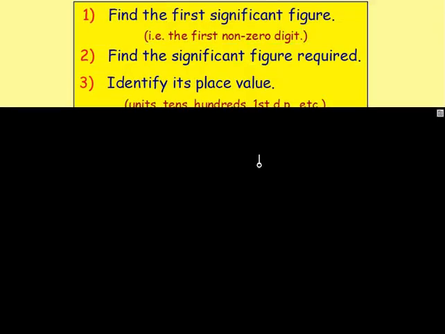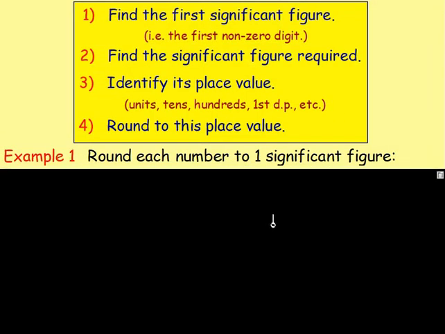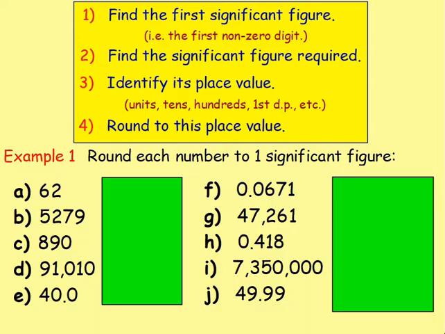Example 1. Round each of the following numbers to 1 significant figure. Starting off with 62. Again, the way this is done, we first of all look for the first significant figure. First significant figure here is 6. Well done. So that is the first significant figure. Find the significant figure required. Because we're rounding to 1 significant figure, we only want that first significant figure there.